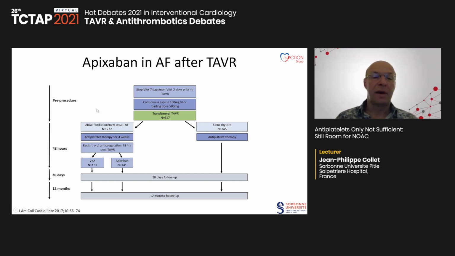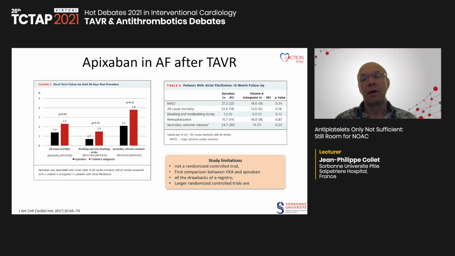On the left-hand side of this slide, you can see that they compared VKA versus apixaban after the TAVI in patients with atrial fibrillation, and they did, of course, matching of the population, and you can see that there is a trend for fewer events when looking at mortality, disabling stroke, or bleeds, which is interesting.